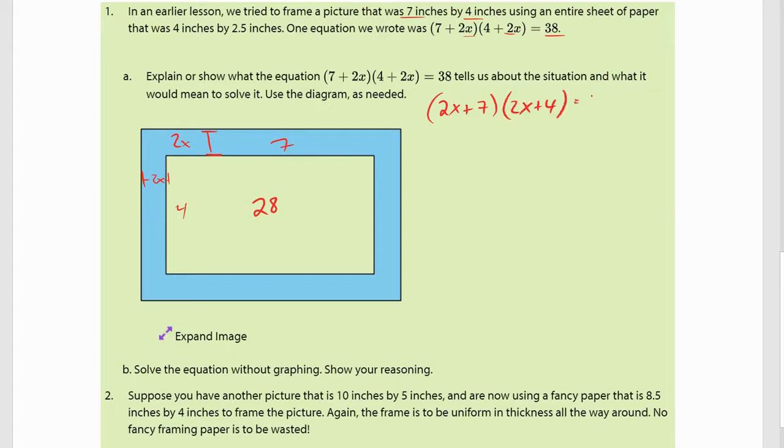Set that equal to 38. Distribute, so 2x times 2x, 4x squared. 2x times 4 is 8x. 2 times 7 is 14x. And then 7 times 4 is the 28, which was the picture. And that was setting equal to the entire area, which was 38. Okay.